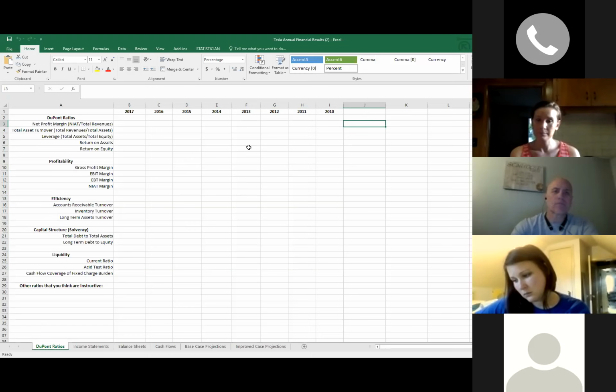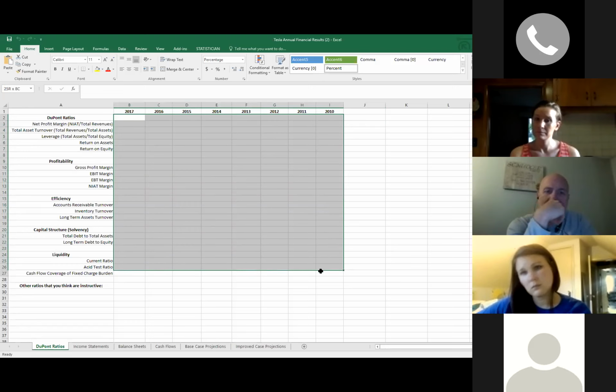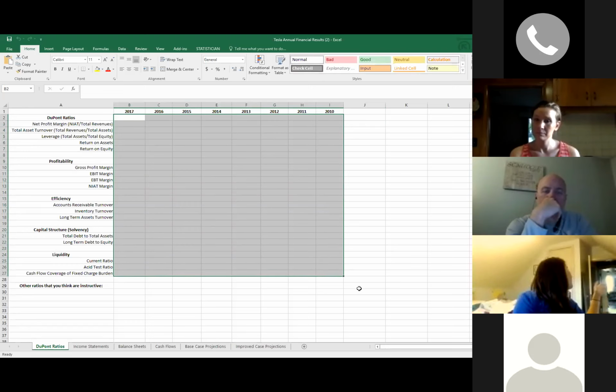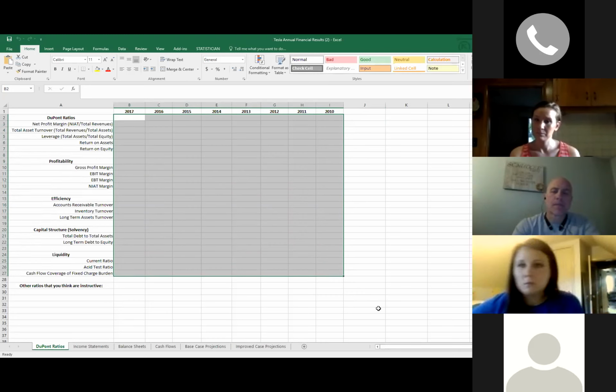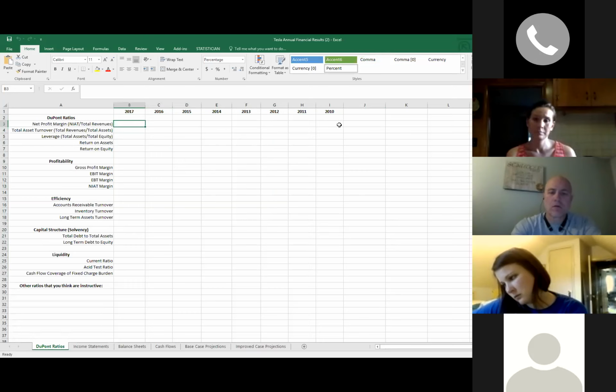So what I would be looking for would probably be one slide, I think you could manage it on one slide reasonably, with the basic ratios, and then 2 or 3 more slides with the graphs of key trends or key events that you see happening in the numbers, and then your assessment of Tesla in terms of its profitability and its solvency and its liquidity. Right, and that's one set per team, right? That's correct. One set of PowerPoints per team.